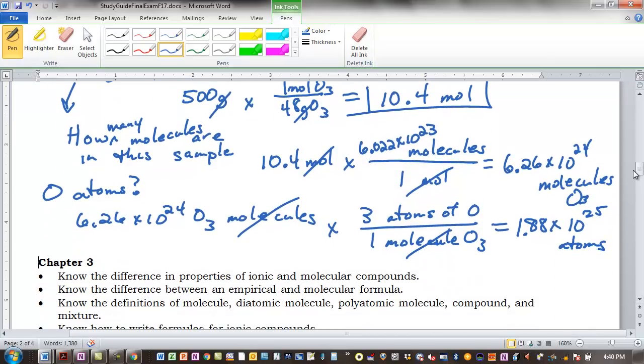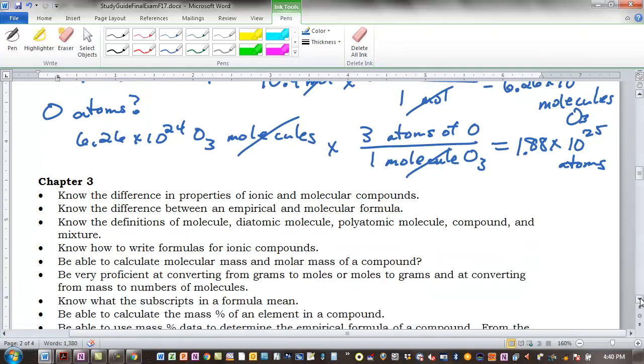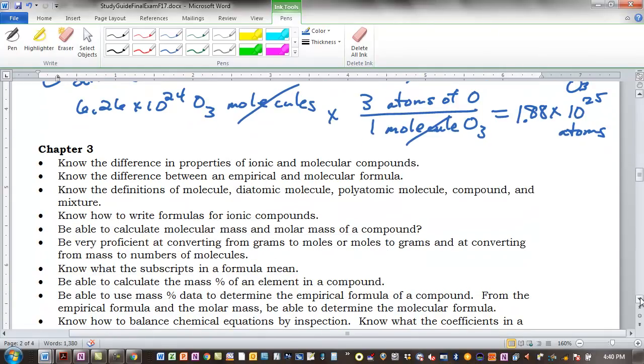Okay, let's get back to doing some review stuff. So Chapter 3. Certainly know the first bullet there for Chapter 3. Certainly know how to recognize an ionic compound from a molecular compound. Okay, does everybody know how to do that? So ionic, what are we typically looking for?